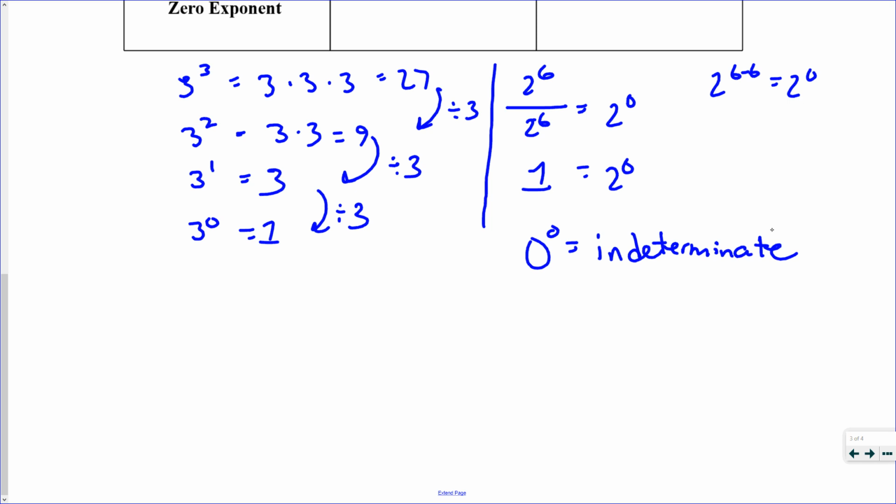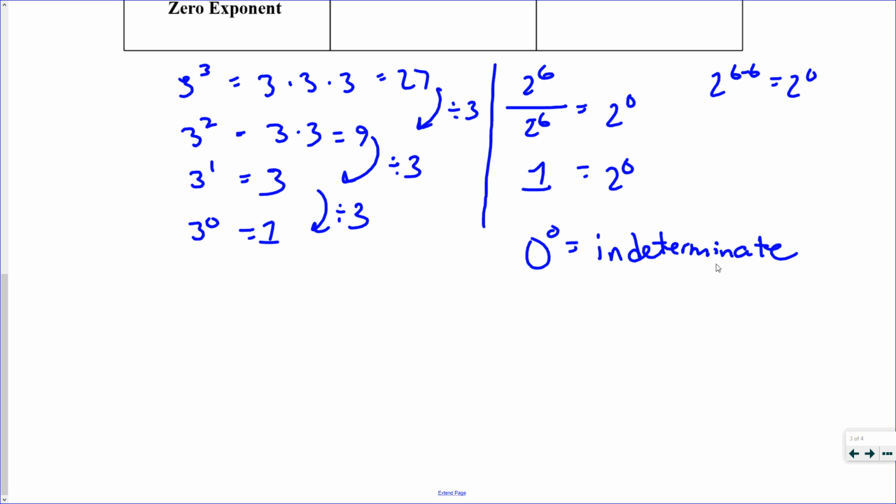which means it has a value for which we cannot assign or find a true value. It could potentially be lots of different values. And so there's no way using the math that we know to write a value for it.